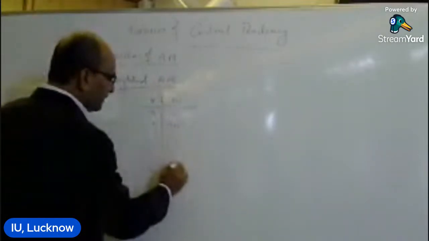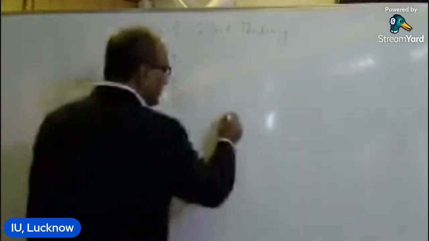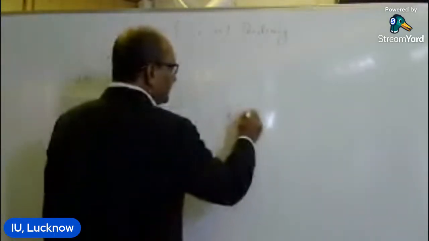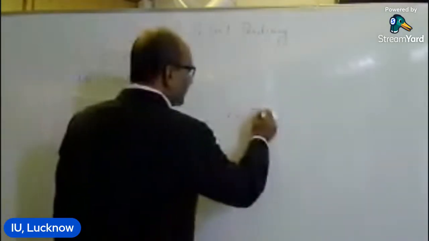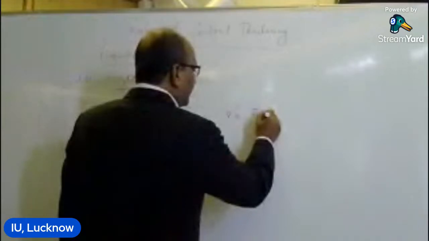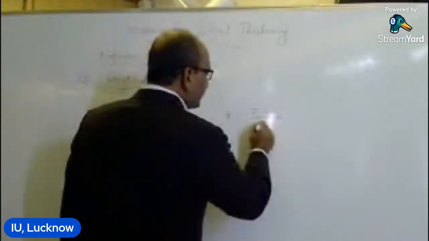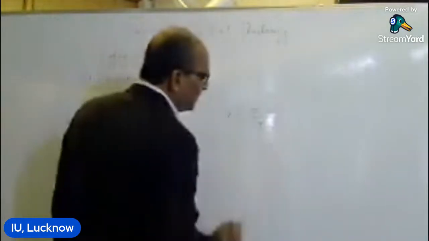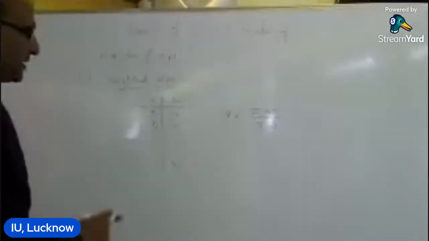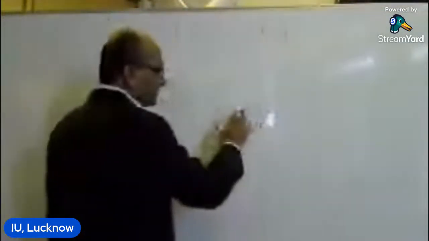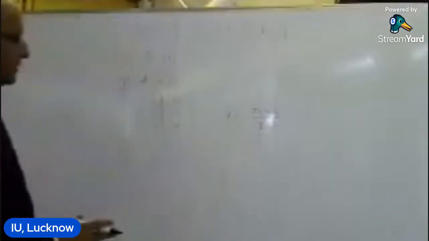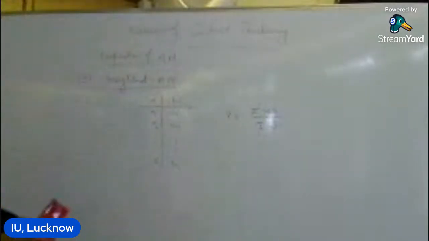So the arithmetic mean is written as x bar equals the summation of wi xi divided by the sum of total weight. It is just that the frequency is replaced by weight. Either you have the frequency, or you have weight.